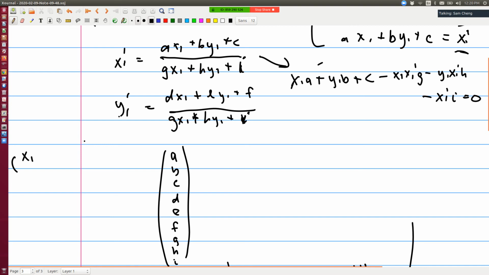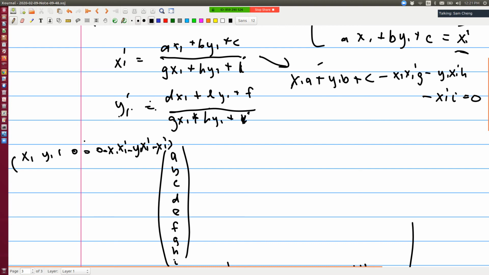And is equal to 0. So then I put everything here: x1, y1, 1, I have 3 zeros here, and then I have x1 pi, y1 x1 pi, with a minus sign here, and minus x1 pi.